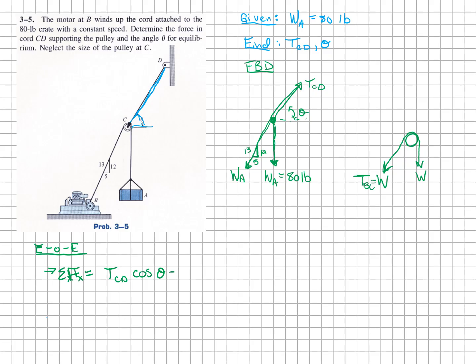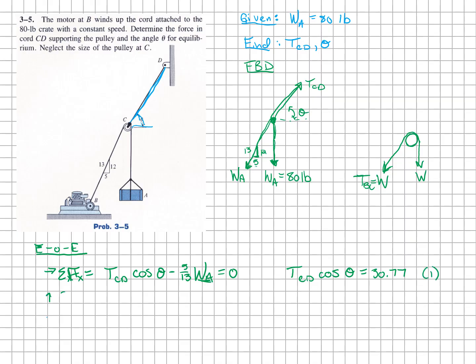And then we have the 5/13 component of the force WA acting there, equal to 0. So just multiplying that out a bit, since I know WA is 80 pounds, I get that TCD cosine of theta is equal to 30.77. And I'm going to call that my equation 1.